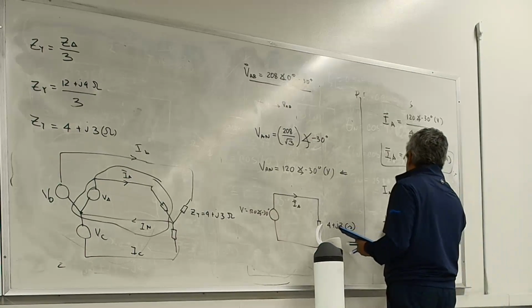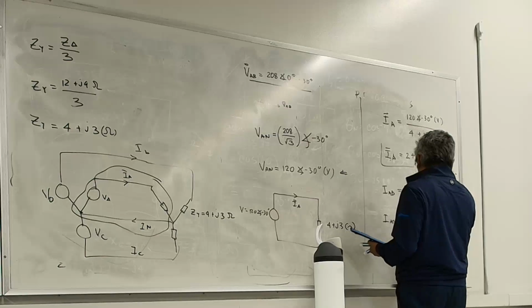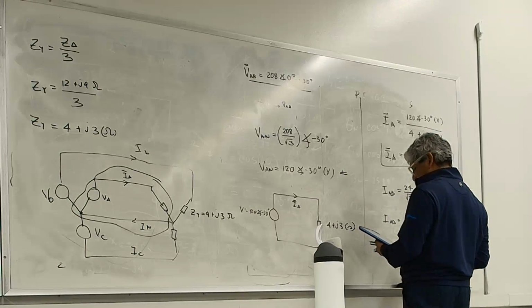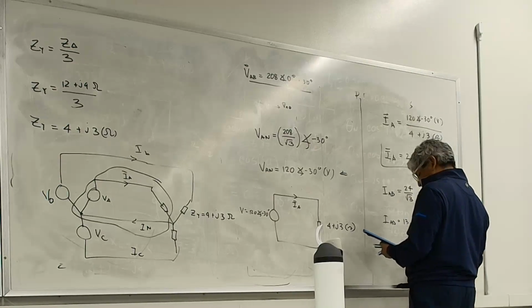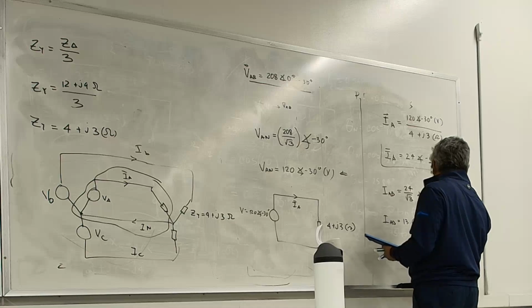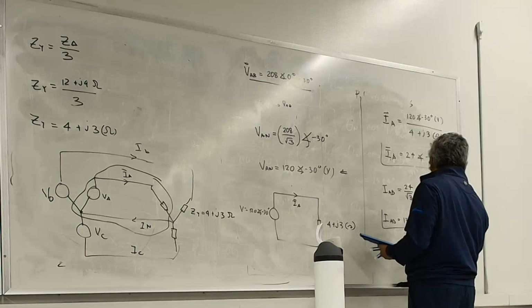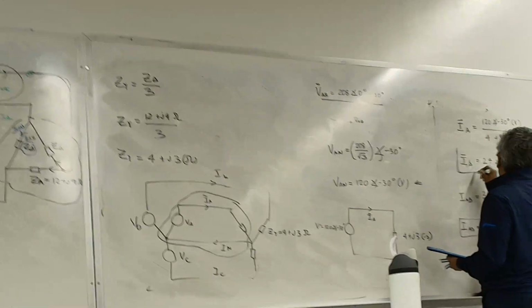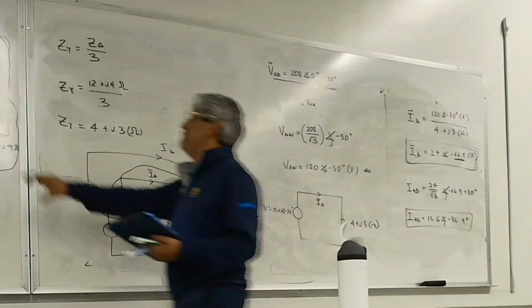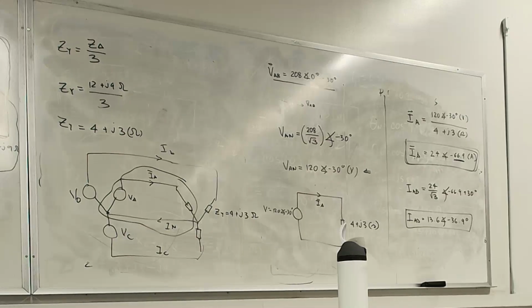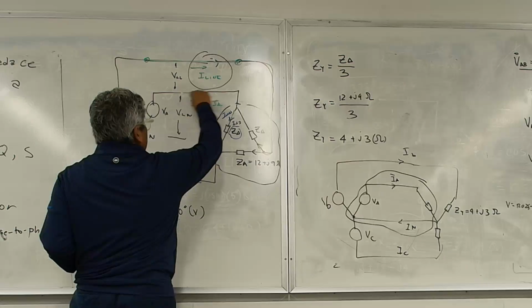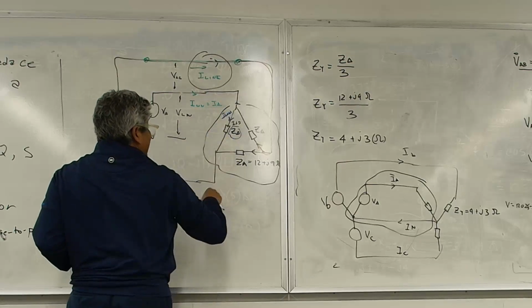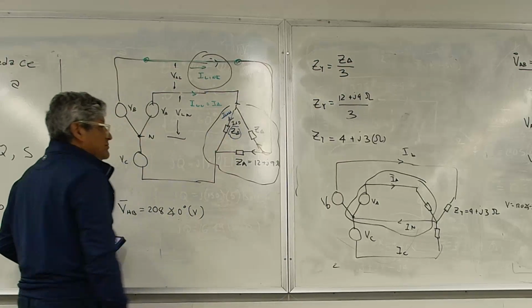Okay, so IAB is equal to approximately 13.6, angle of minus 36.9 degrees. Oh, okay, so I have everything that I needed. I have my A to B voltage that was given to me, my A to neutral voltage that I just derived, my line current A, and my AB current.